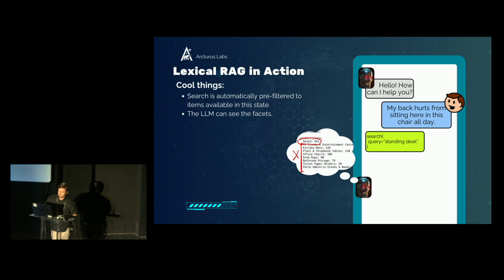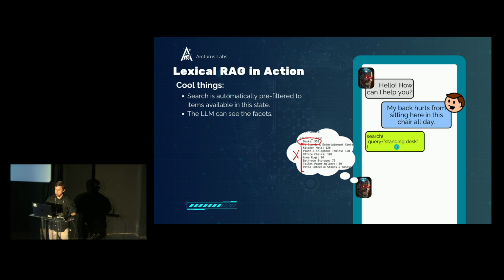Another thing that the assistant might do at this point: it can run this first query. My back hurts, so I'll get a standing desk. It can run this first query, and then when it looks at the search results, I'm giving it the top 10 results to match whatever the query is based on lexical search. But we've also got this cool superpower underneath. We have aggregations, which in this case is just a facet count.